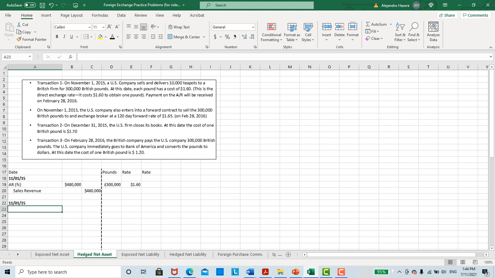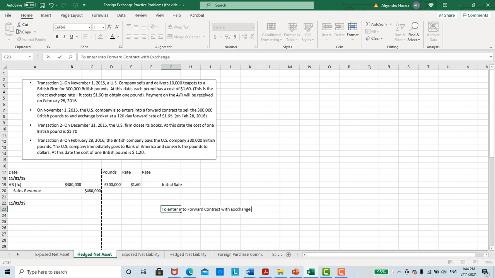Okay, so I'm going to go ahead and debit. Here's the nature of this contract. I'm going to put the descriptors here. So this is an initial sale. And this entry here will be to enter into a forward contract with the exchange broker.